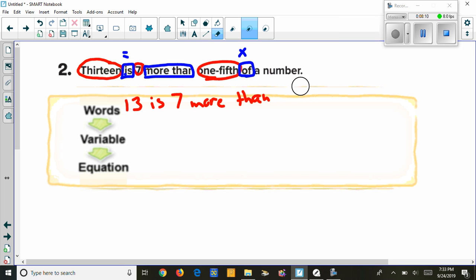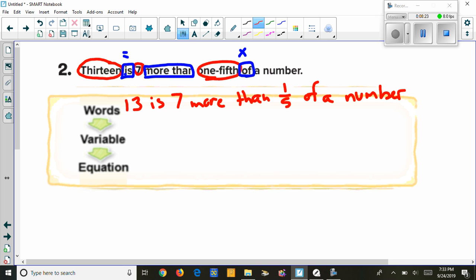Sorry, I wanted to write that as a number instead. 1/5 is a fraction of a number. Now we can use whatever letter we want to represent that number, but I'm just going to say let n be the number.